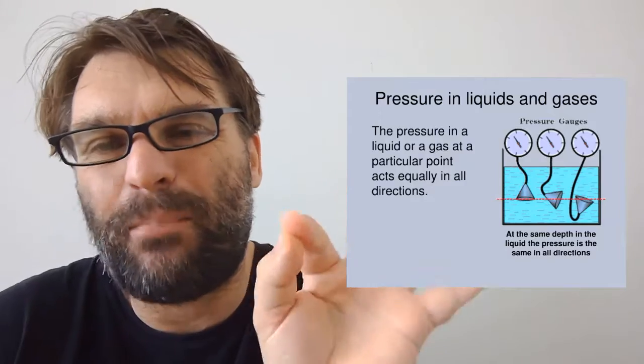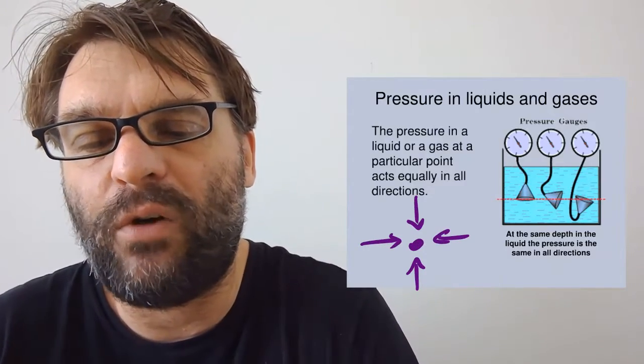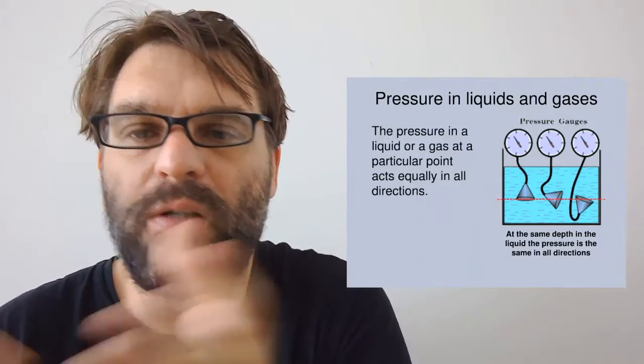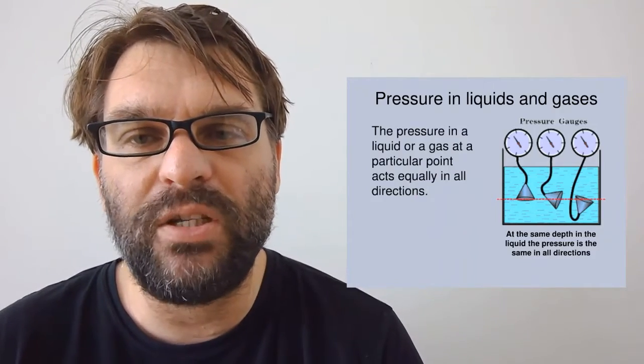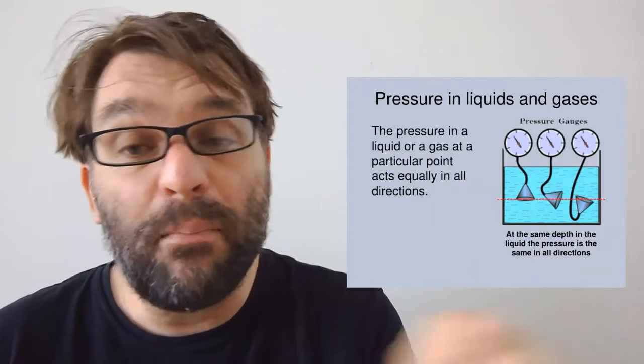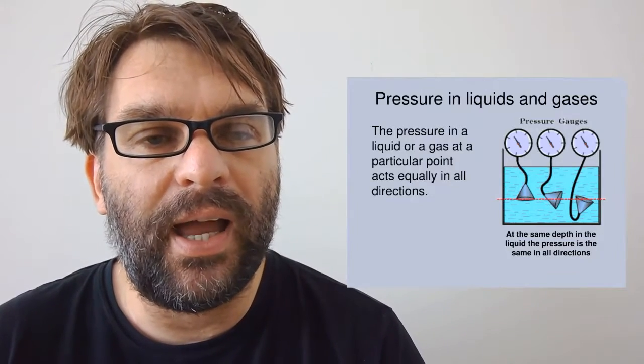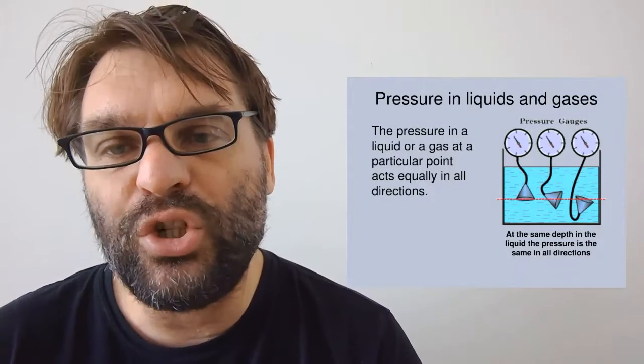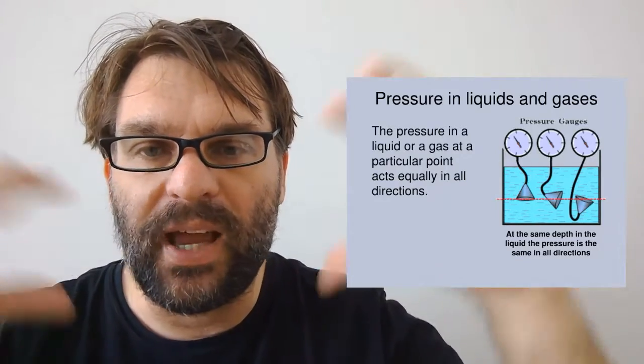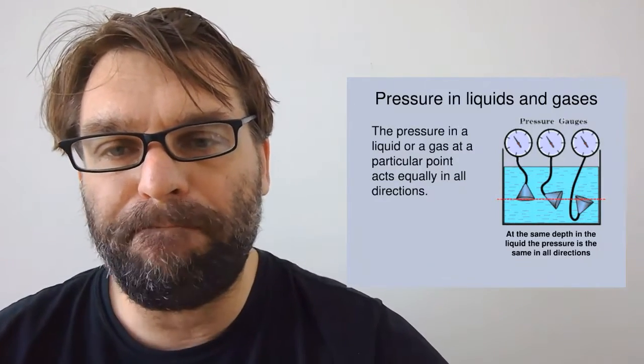That's at a particular point. That's the key phrase. Obviously, the particle's going to move around, so it'll experience pressure variations. But at the same depth, that's what we mean by a particular point, the liquid has the same pressure in all directions, because the force is going to be the same in all directions.